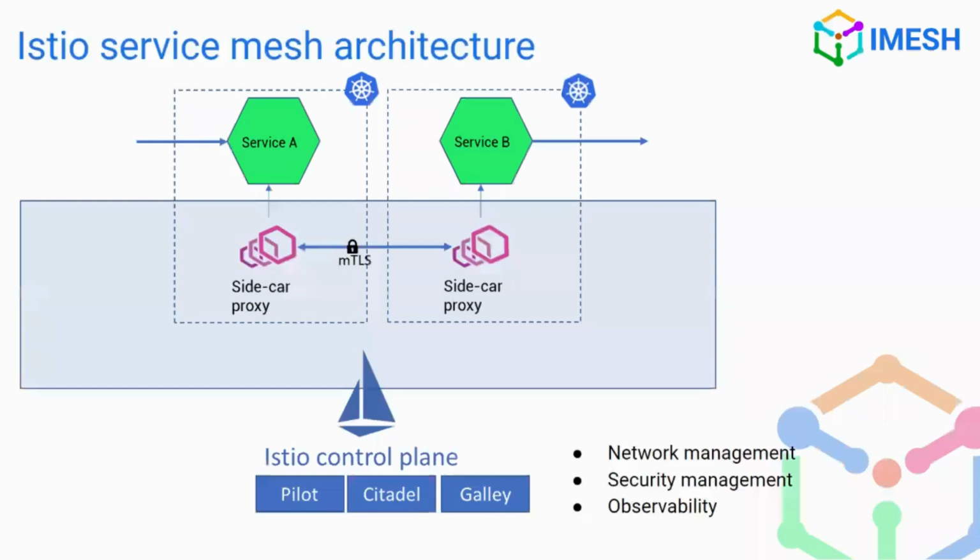There are other service meshes also available in the market, but let's quickly overview how this Istio service mesh typically works and how it is implemented. Let's say we have two microservices, service A and service B, and I want to implement a service mesh pattern. What we do is deploy an additional container, known as a proxy container, along with each of the microservices.